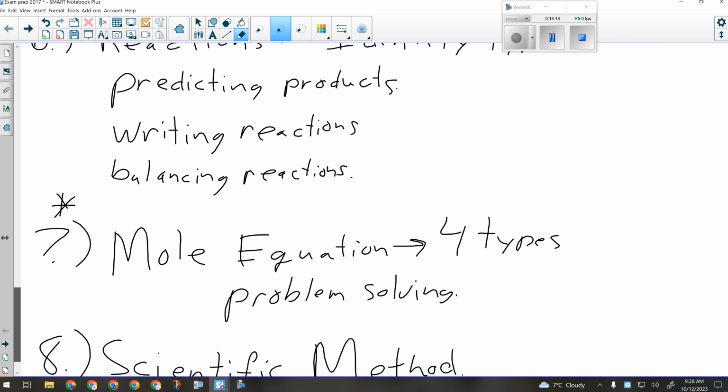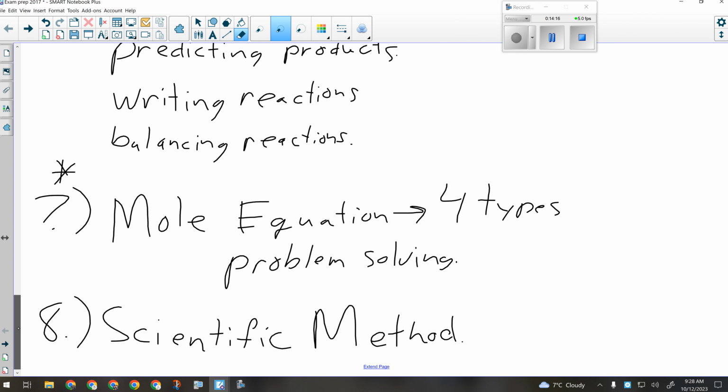All problem solving, and in the multiple choice, there's a couple of questions about the scientific method as well, because we talked about designing a procedure, identifying variables in our labs. So expect that you could get a question in the multiple choice that says maybe something like this. A security company wants to test different types of bulletproof glass for use in banks.